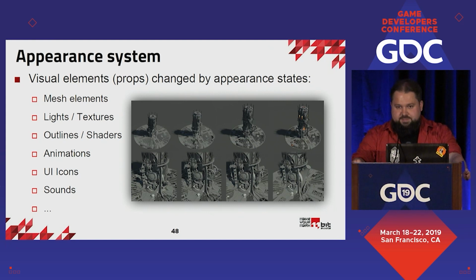Of course, mesh elements, props like flags, like the religious symbols and so on, lights, textures, outlines, shaders, animations, UI icons, sounds, basically everything that surrounds the building and has any impact visually or sound-wise on the player.